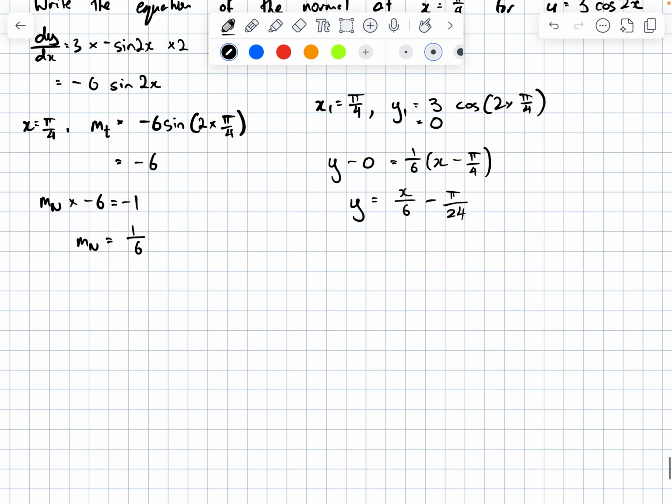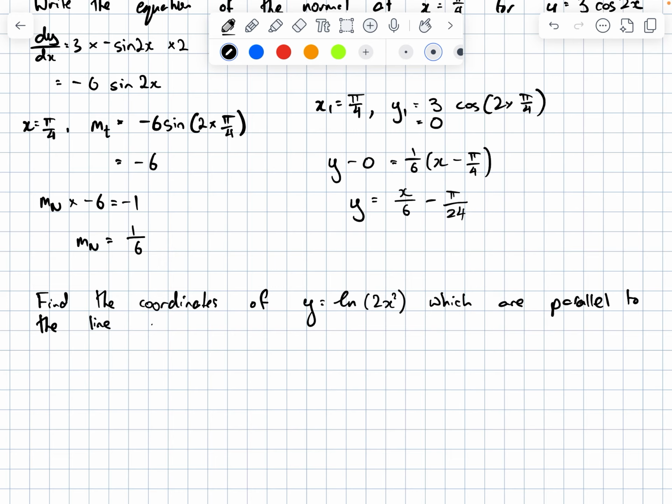Question 2. You might get asked to find the coordinates of y equals ln (2x) to the power 2, which are parallel to the line y equals 3x plus 4.